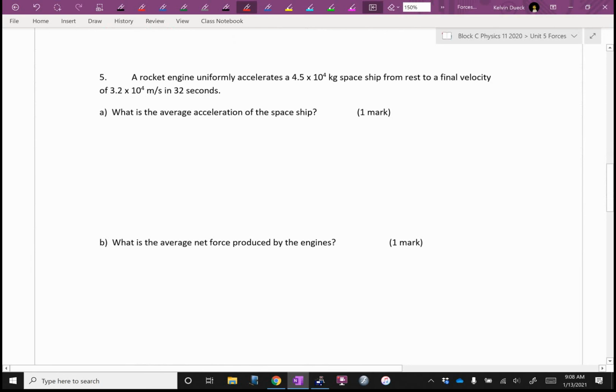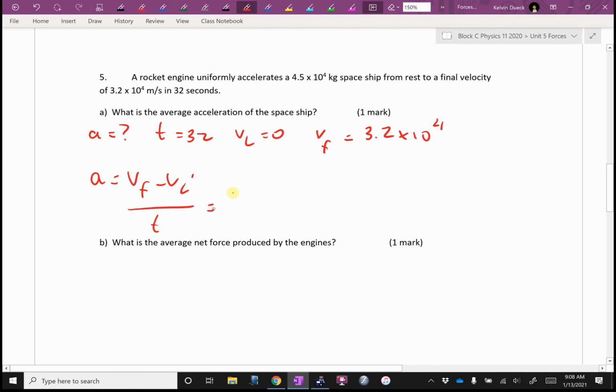Number 5, average acceleration. I see t equals 32, from rest, and a v final of 3.2 times 10 to the fourth. I'm going to find acceleration using kinematics from before Christmas: 3.2 times 10 to the fourth minus 0 all over 32.